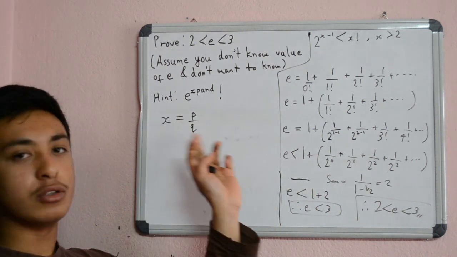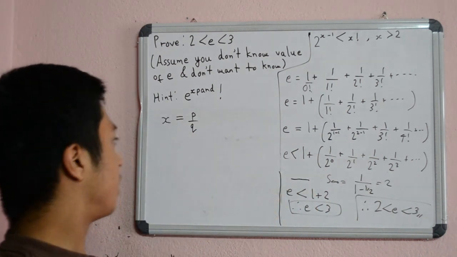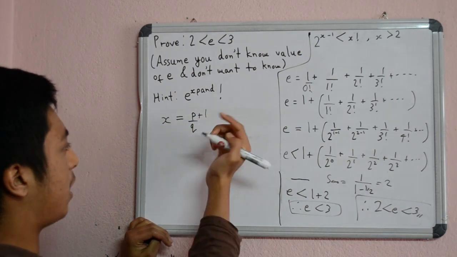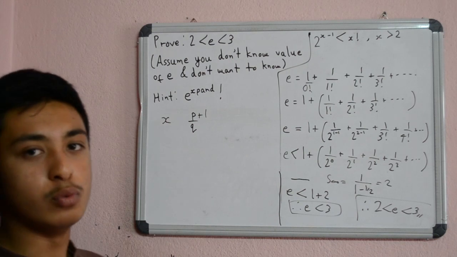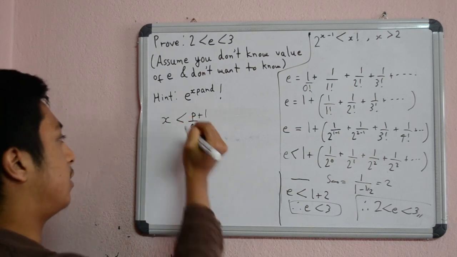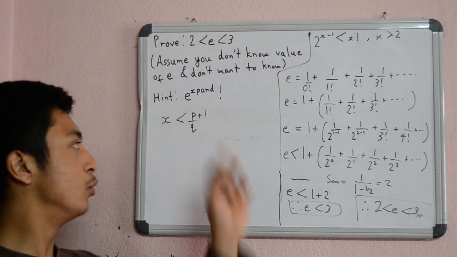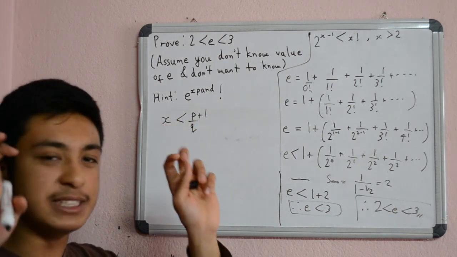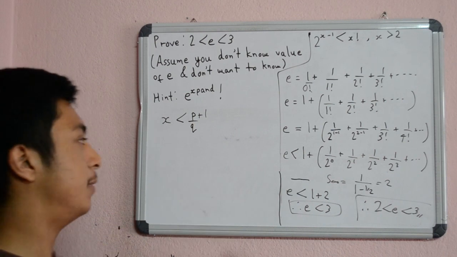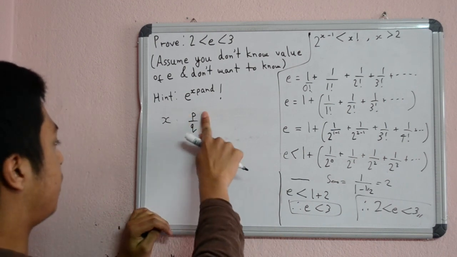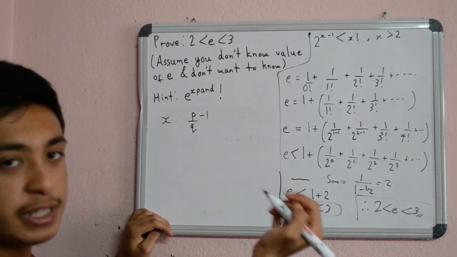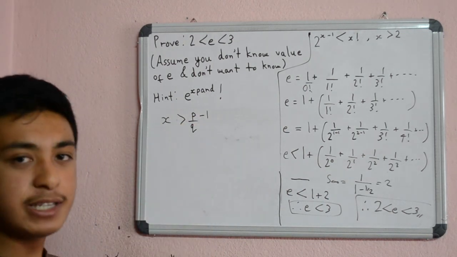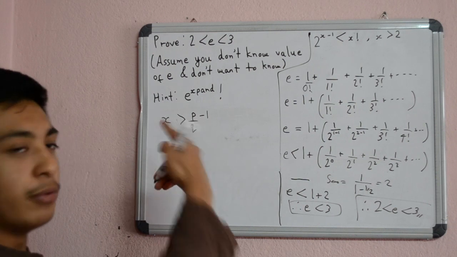Let's say you have x equal to p by q. Now if you increase the value of p, let's just say p plus 1, then this relation will turn lesser than. So kind of the opposite. You increase the value of the numerator and then x will be decreased. That means x will be lesser. And similarly, if you decrease the value of p, x will get increased, right? x will be greater.